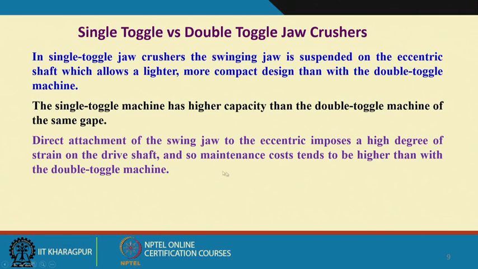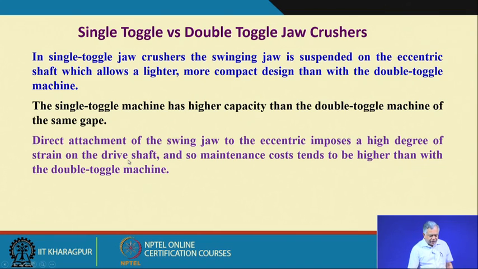Direct attachment of the swing jaw to the eccentric imposes a high degree of strain on the drive shaft. What will happen when the particles are getting broken because of these compressive forces? A lot of strain will be induced onto the toggle. So, if I have a single toggle, it will be prone to breakage.